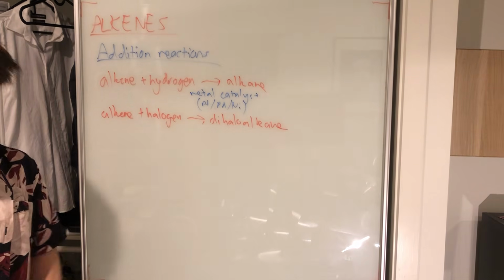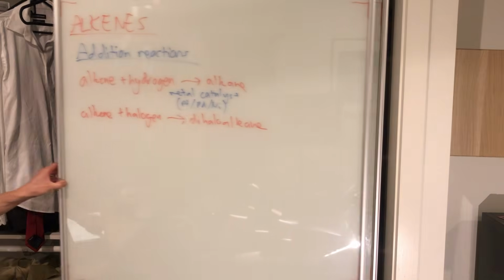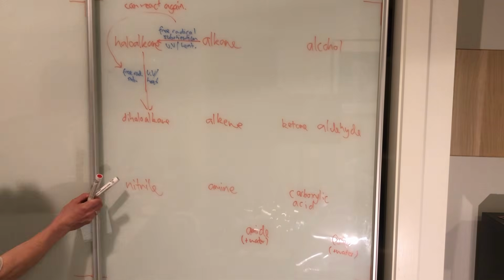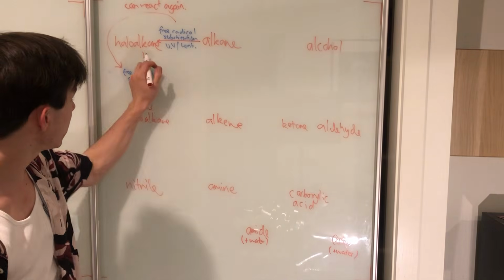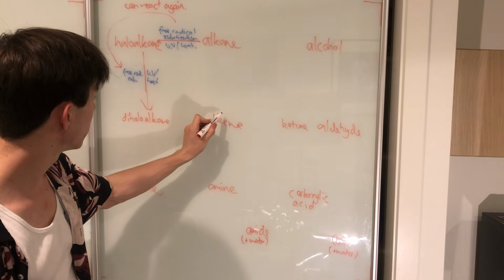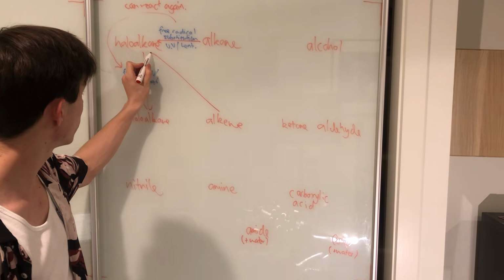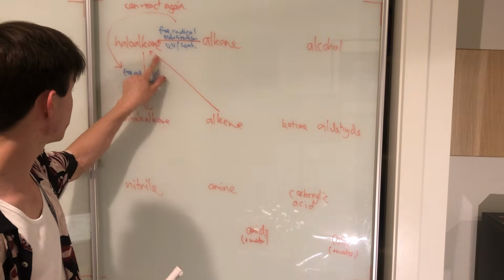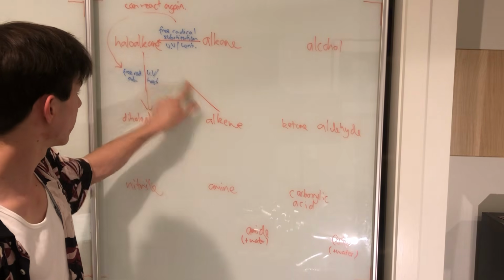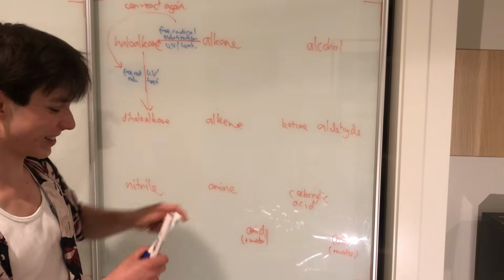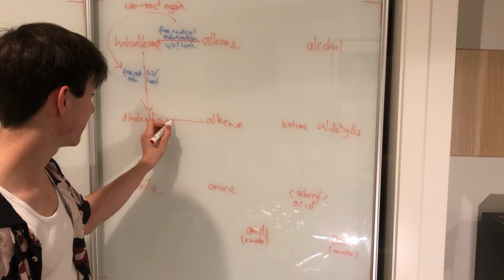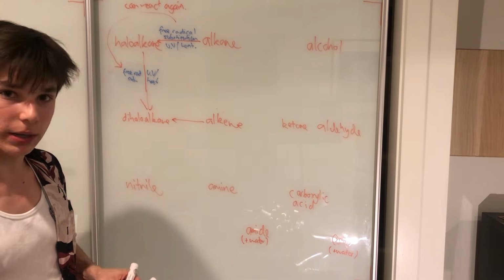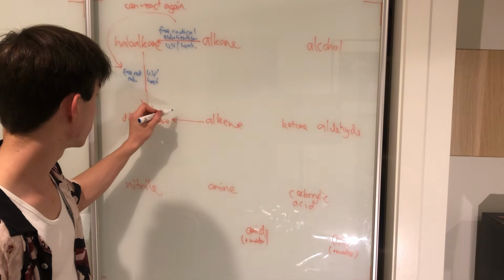Not writing anything there. Put it on the big picture. So we're going from alkene to dihaloalkane. No conditions, but it is, of course, an addition.